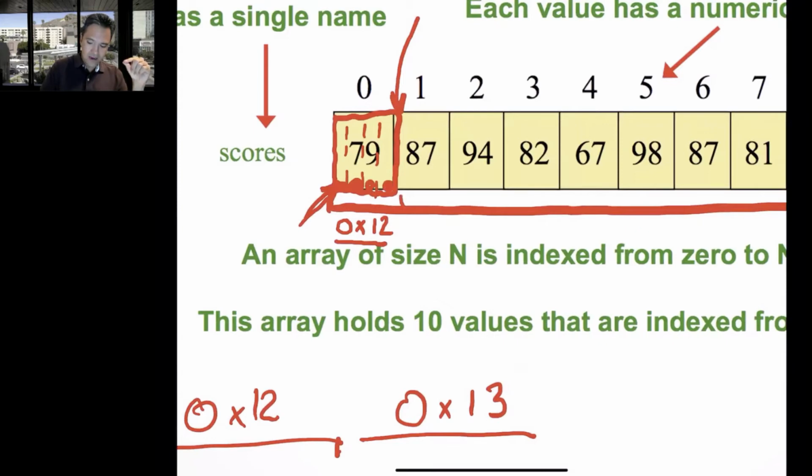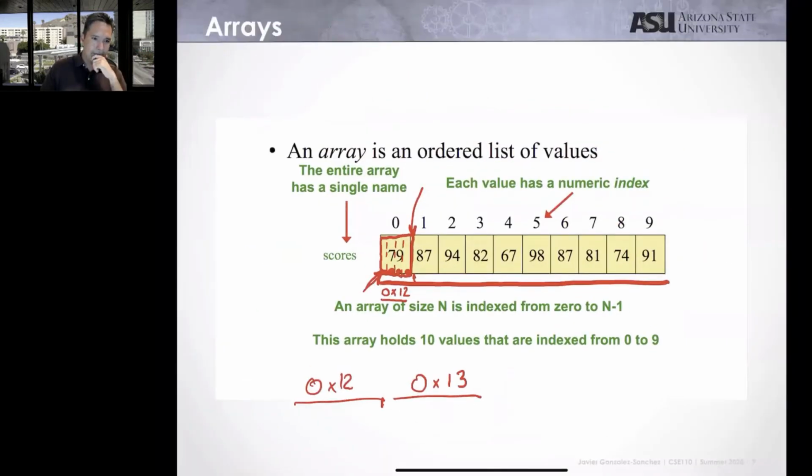What is the address for the next one? 12 plus 4, right? Yep, I agree. And in that way, you can continue.